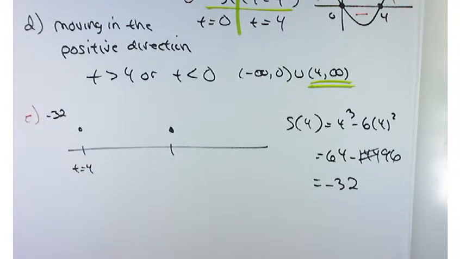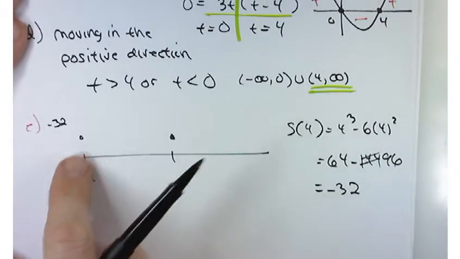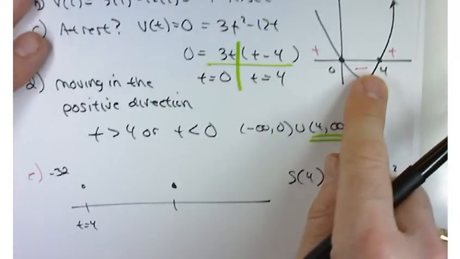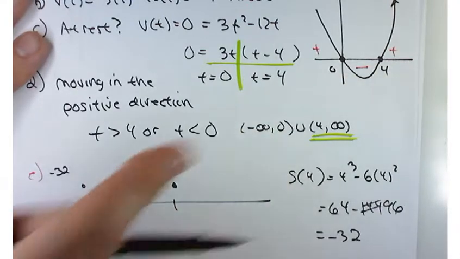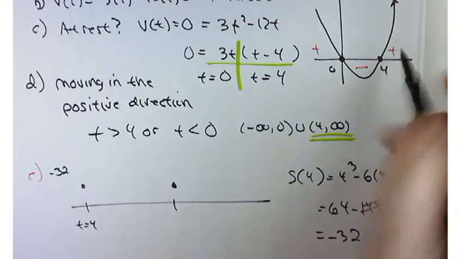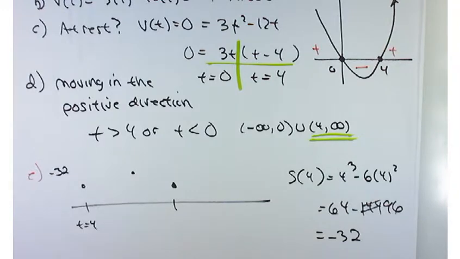The problem itself is asking you how far it moved during the first 6 seconds. Well, what happens after t equals 4? The particle starts moving the other way, right? So it's going to keep on moving the other way until we get to time 6. So where is the particle at time 6?